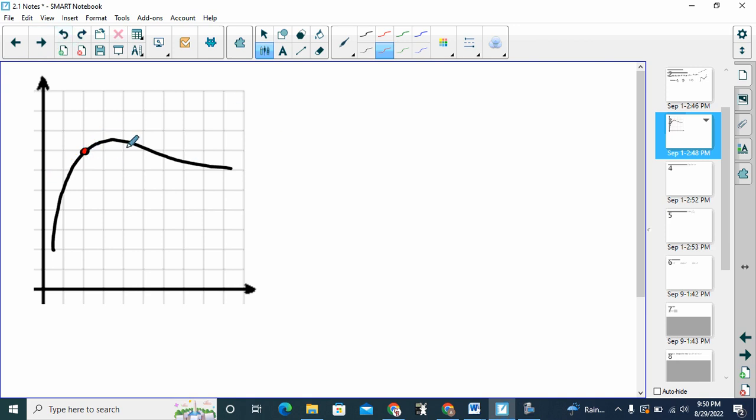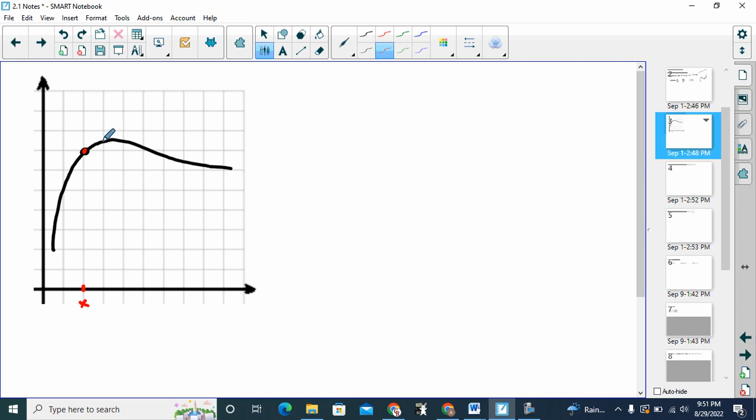But in general, we want to know at any point what is the slope of that curve. We want an equation, an expression that's going to give us the derivative. So let's call this x value, I know it looks like on this graph it's x equals 2, this is just going to be a general x. And if I had a second point, we know how to find the slope in between 2 points.